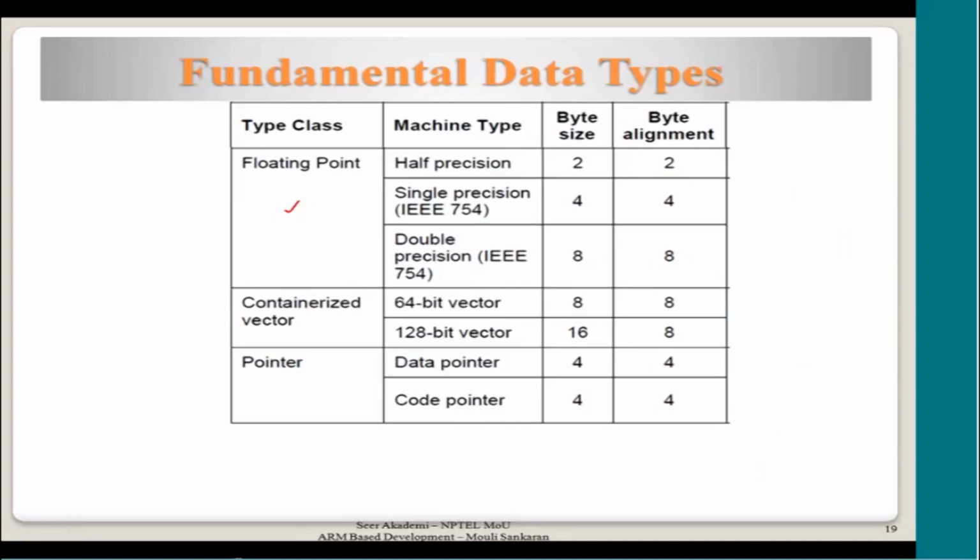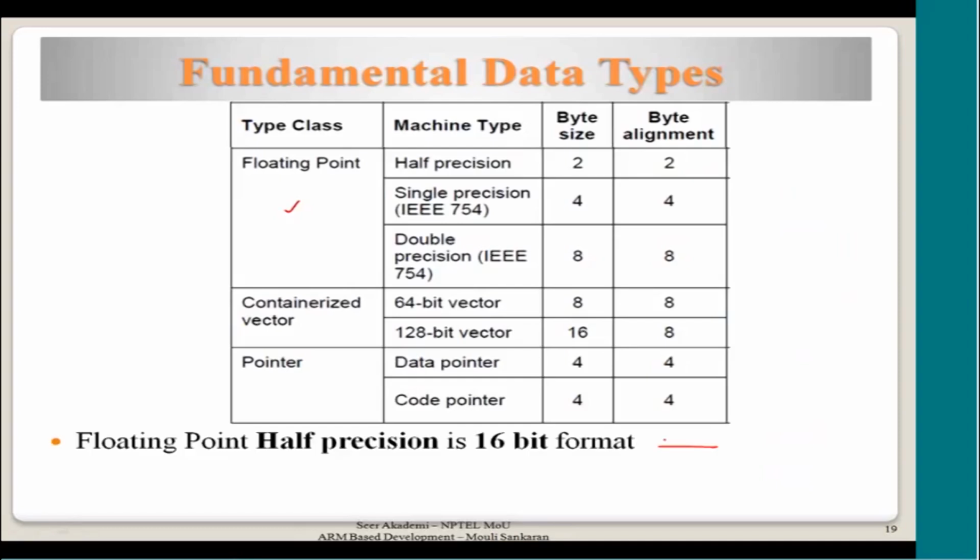Fine. For floating point, there is one new thing which I have not explained earlier, which is the half precision. Actually for floating point, the sign bit is there, and the original 32-bit format we have all seen in detail. Now I am explaining what the half precision value is. This is 1 bit, these are 5 bits, and then these 10 bits.